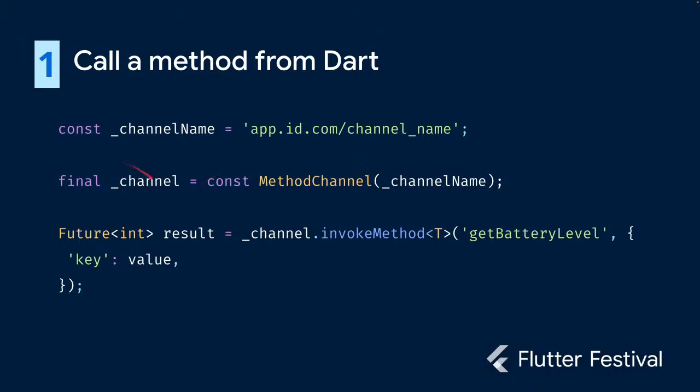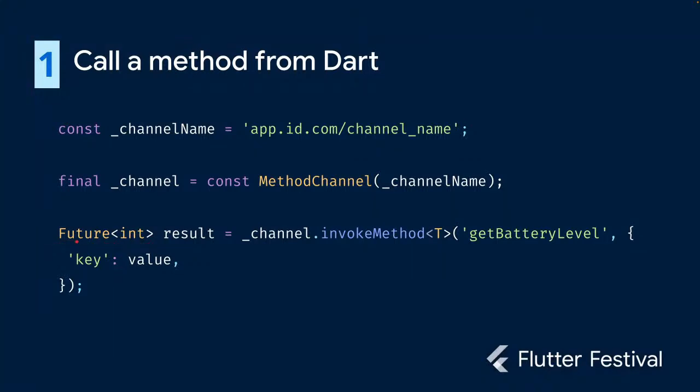Then, after we have a unique channel name, we define the channel itself, and that is a MethodChannel. That's the class we're going to use, and we pass the channel name to it. Now we have a channel. Cool. We define our result as a Future of type int, because I'm expecting an integer to be returned.